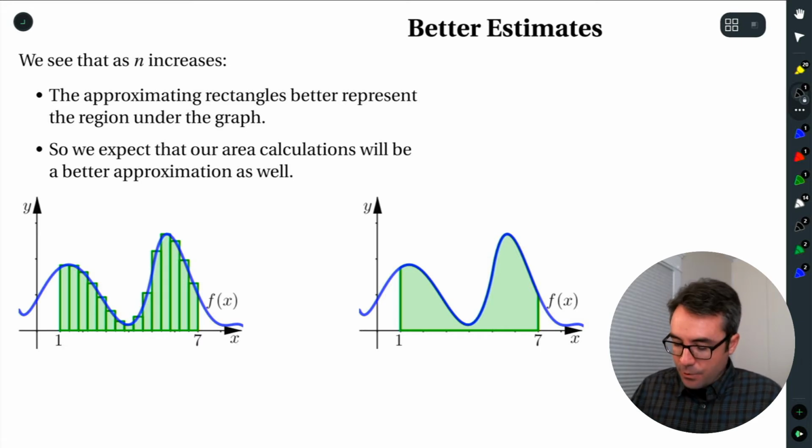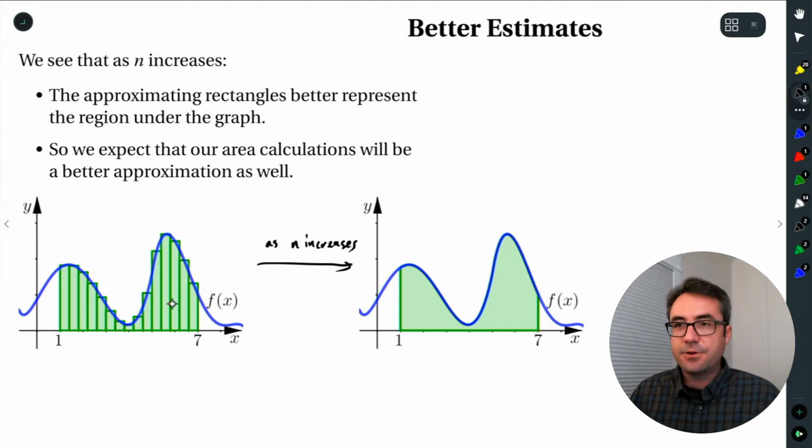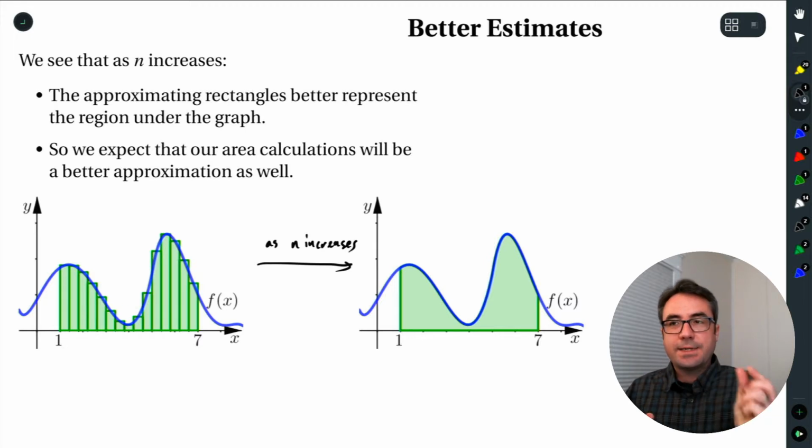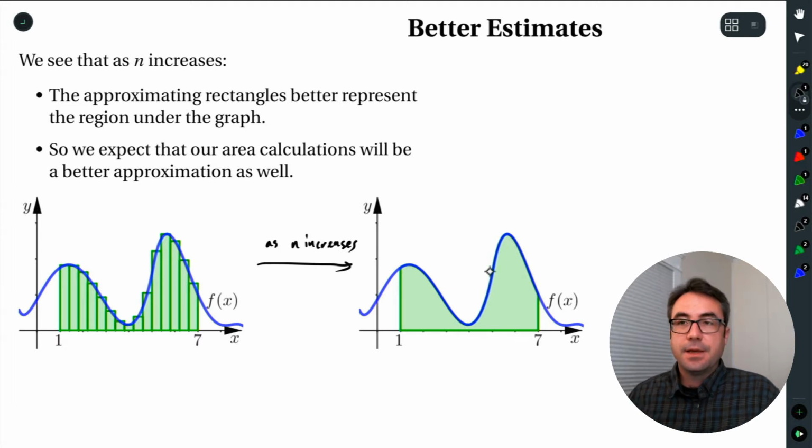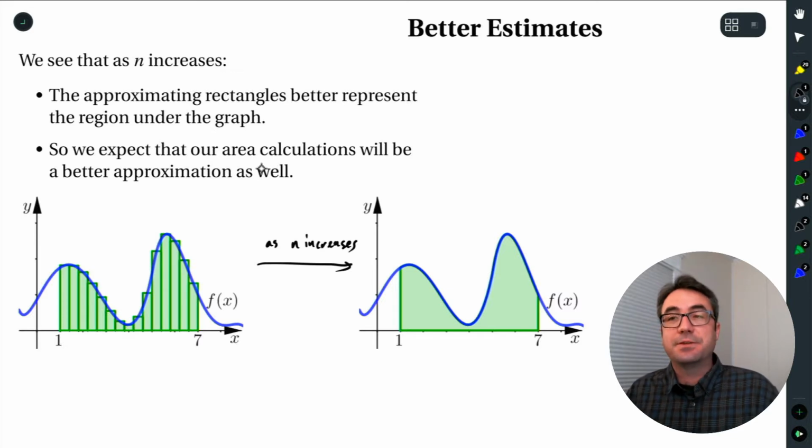And if we let n get really large, the rectangles are going to get thinner and thinner, and we're going to get a really good representation for the region under the curve. The area of those rectangles is going to give us a better approximation for the area under the curve.